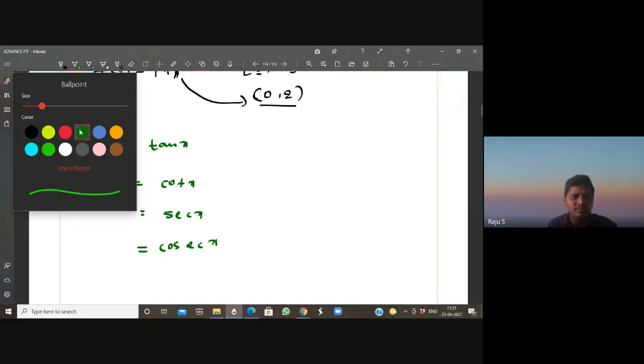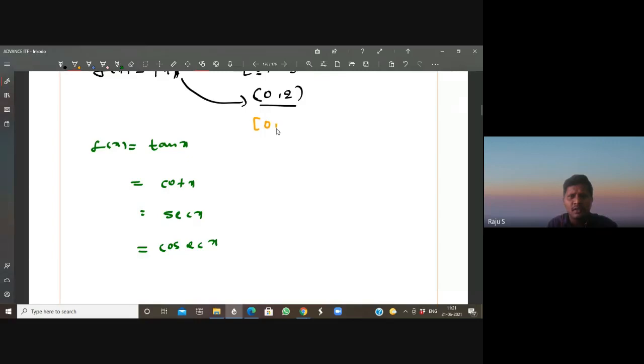If I give the interval 0 to pi, is tan x continuous from 0 to pi? To check that, simply remember that when you substitute the x value, it should not be infinity. Then we can say it is continuous. That only keep in your mind.